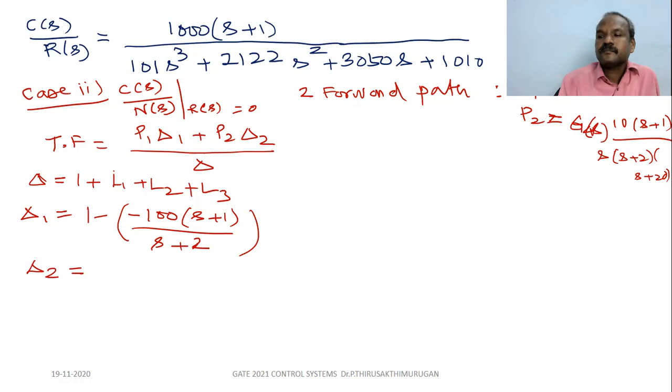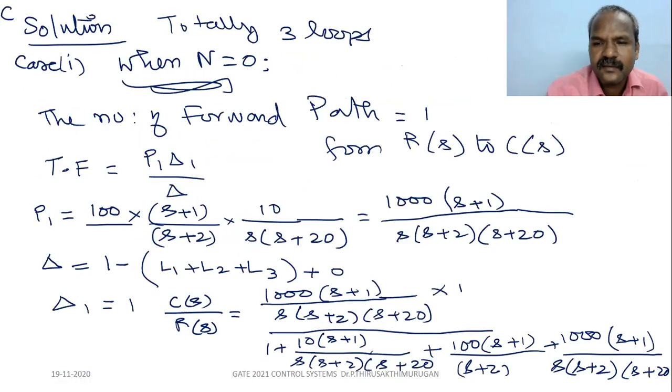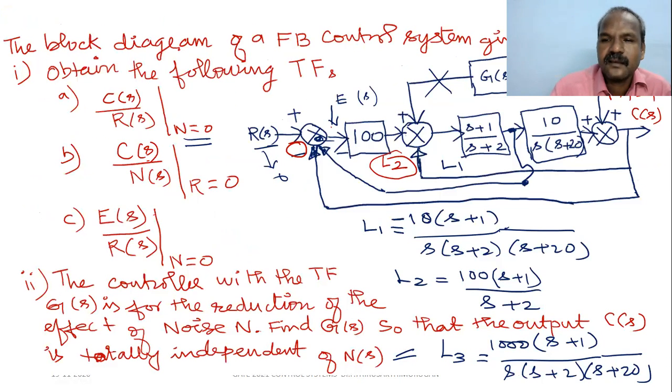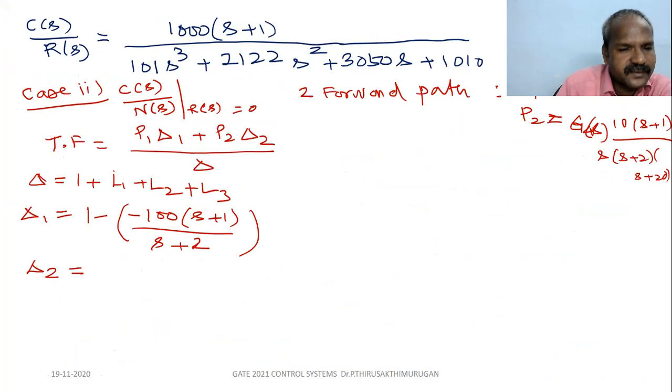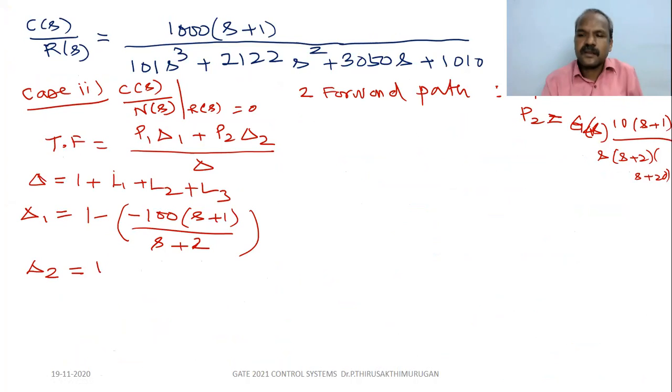Starting here, the second forward path... very good. My dear students, you found the solution. Very simple, right? So delta 2 is 1.